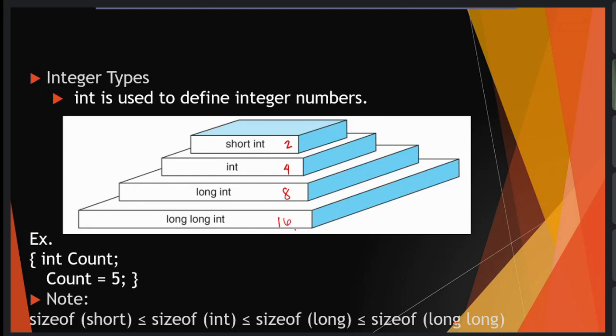Okay? So we need to check that using kaning gitawag nato nga size of operator. Okay? So later I will show you how to use this size of operator para makita nato sa tuang system as to whether how your compiler treats this specific storage nga naay gitawag nato nga modifier.